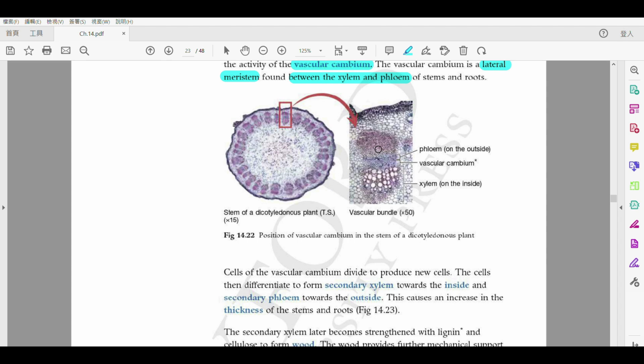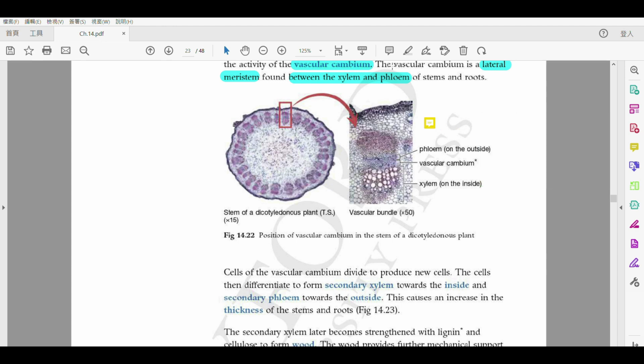So they are the cells having hard walls. We're not going to discuss this part deeply, all right, but you can put it down first. They are the hard-walled cells. So how come they have a hard wall? The reason is, again, very simple, because they have lignin, hard-walled cells with lignin, all right.